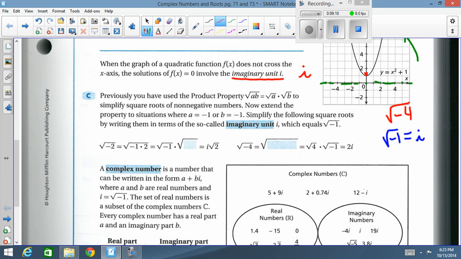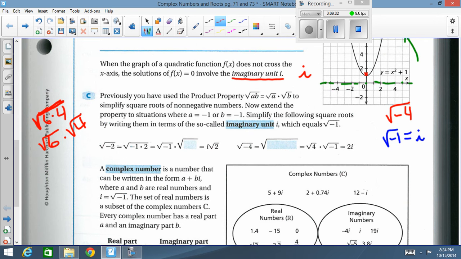Now, they talk about the product property here, in that if you have two numbers being multiplied together, say I had the square root of 6 times 4 under a single radical, I can rewrite that as the square root of 6 times the square root of 4.